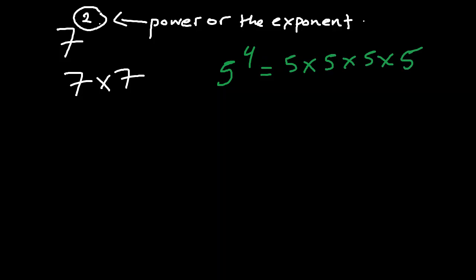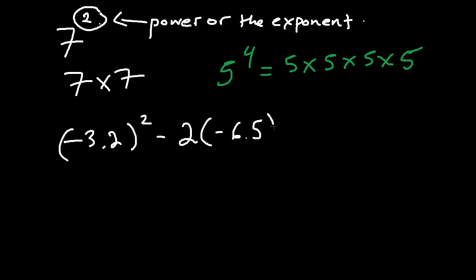So let's look at some examples of powers that are basically associated with rational numbers. So let's say we have negative 3.2 to the power of 2 minus 2 bracket negative 6.5 to the power of 3. So how would we solve this problem?